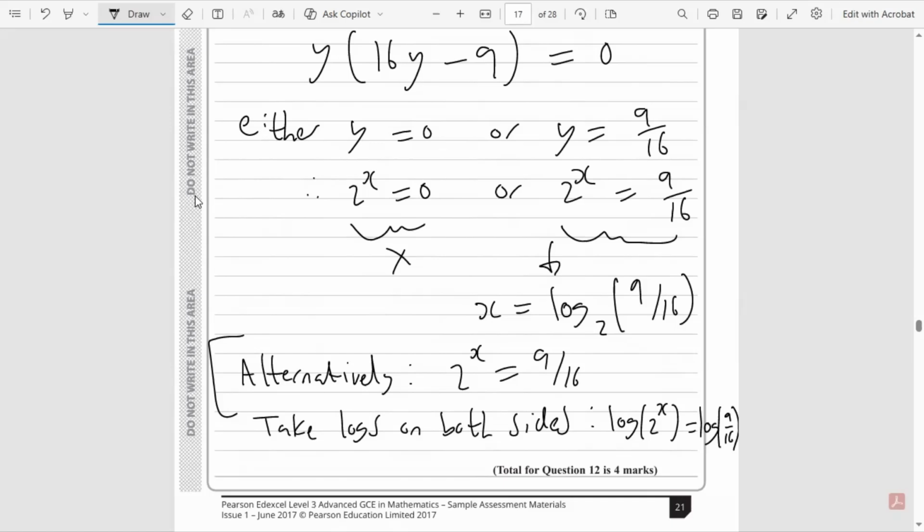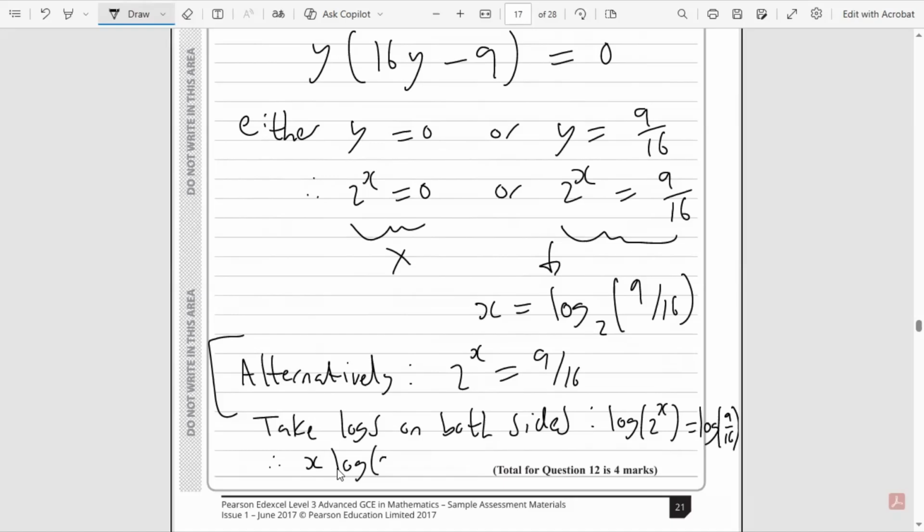There we go. Now, using rules of logs, hopefully you'll know the power rule. If there is a log of a number to the power of something, that power can be brought to the front. So therefore, let's write this again. So x log 2 is equal to log 9 over 16. And then you can divide over the log 2 to the other side.